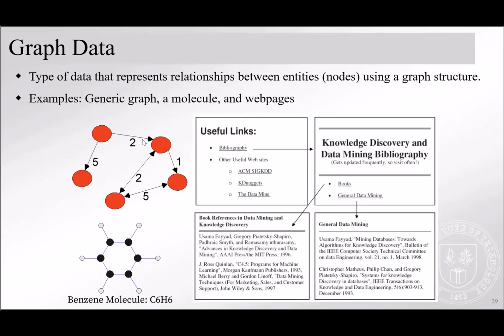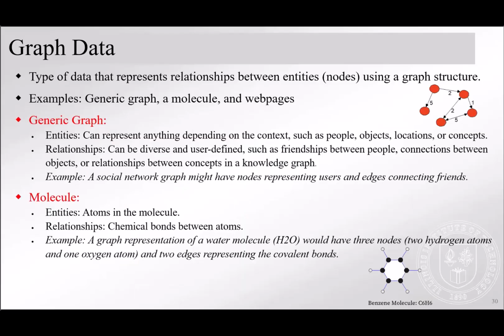Just very quickly, to give you an idea. The first one is a generic graph. I said genetic graph, sorry, it's a generic graph. This is the abstract version: nodes and edges that could represent anything, depending on the context.